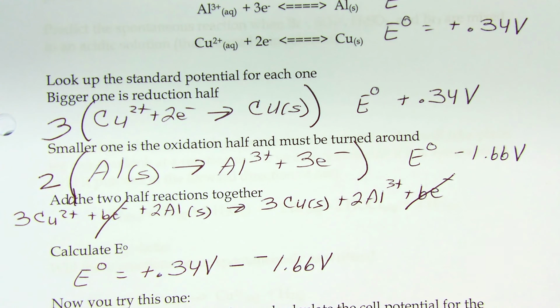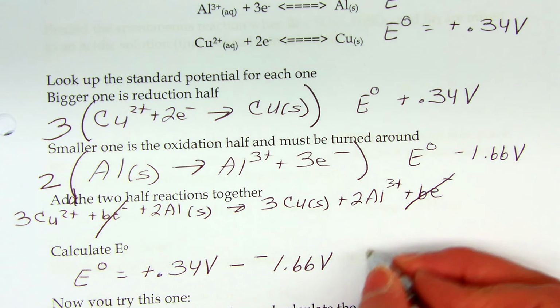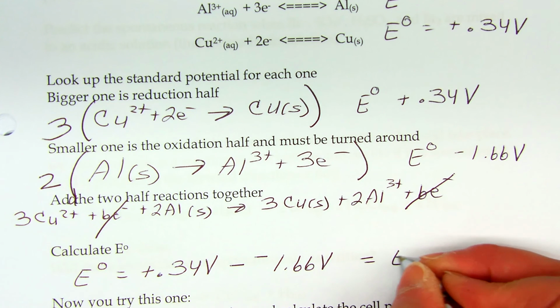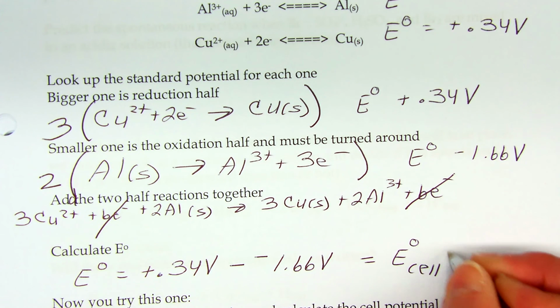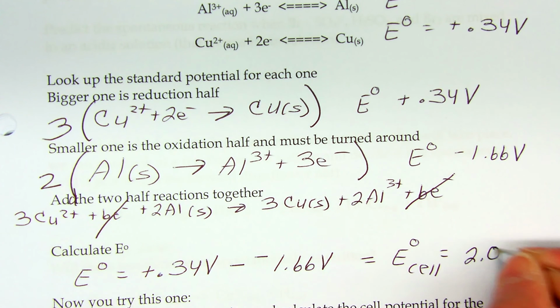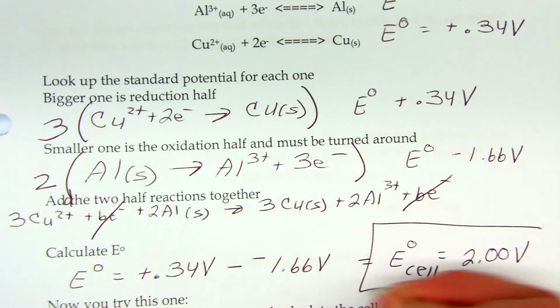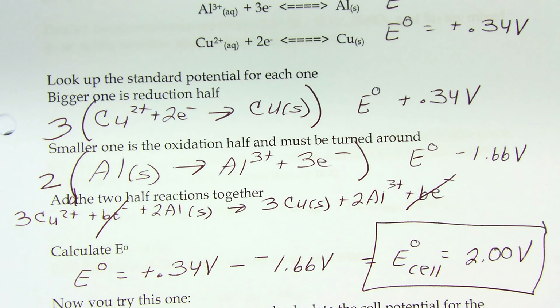So I'm subtracting a negative number, so it becomes positive, and I get my standard cell potential is equal to 2.00 volts. So when you're subtracting this negative number, you're effectively changing the sign. And because the standard cell potential is positive, it is a spontaneous reaction.